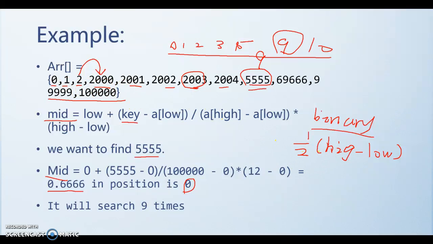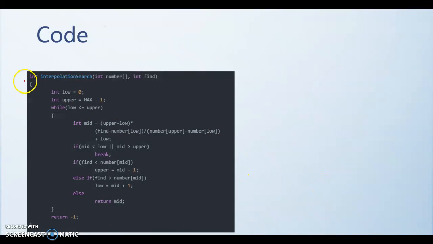And here, this is the code. The code is in the C programming language, and we initialize two values. The first is the lowest index of this array, and the second is the highest index of this array. The two arguments are an integer array and an integer for what we want to find. For this, we have a while loop.